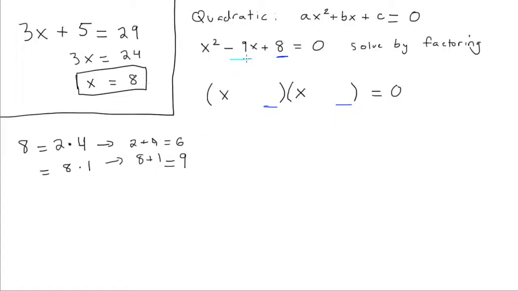Okay, now we have negative 9 here, so what we need instead is not 8 and 1, but negative 8 and negative 1. And then these, of course, negative 8 plus negative 1 equals negative 9. Okay, so those are the numbers we need. So it doesn't matter which order we put them in here because both of the first terms are identical, just x. So we'll do minus 8 here and minus 1 there.